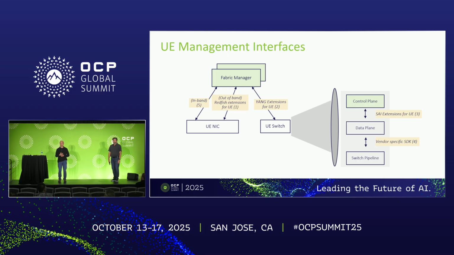So these are the management interfaces that we've identified. There are 5 of them. The first 2 are both an in-band and an out-of-band interface to do Redfish at the endpoint. There are YANG extensions that might be needed for the switch. On the switch side, there is the SAI layer, and there are the vendor-specific layers.